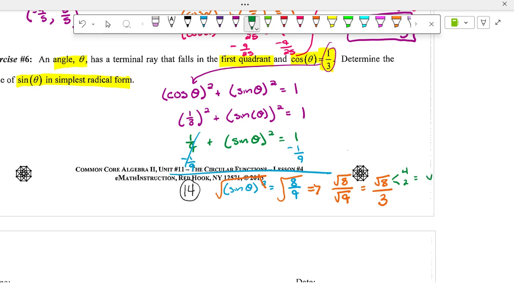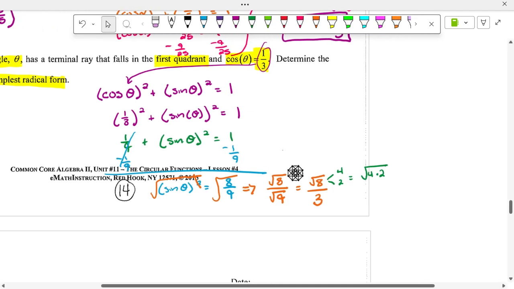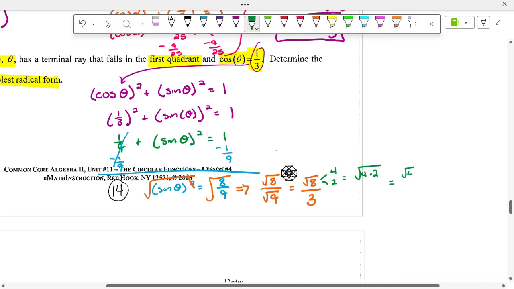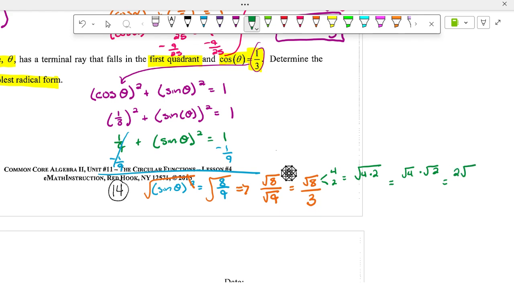So I can rewrite this as the square root of 4 times the square root of 2. So this is equal to, what's the square root of 4? 2 square root of 2 all over 3.